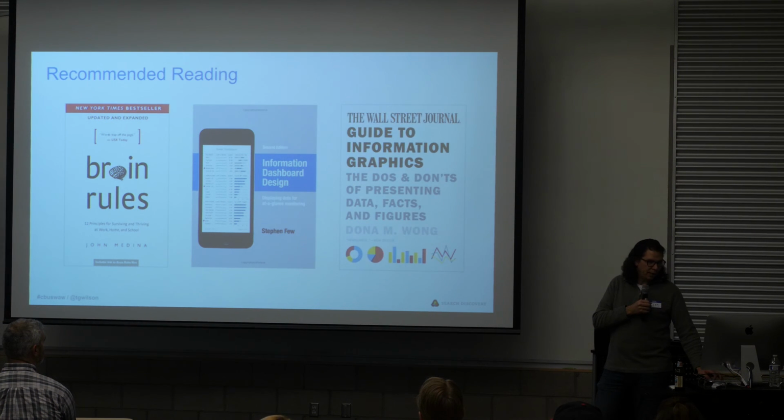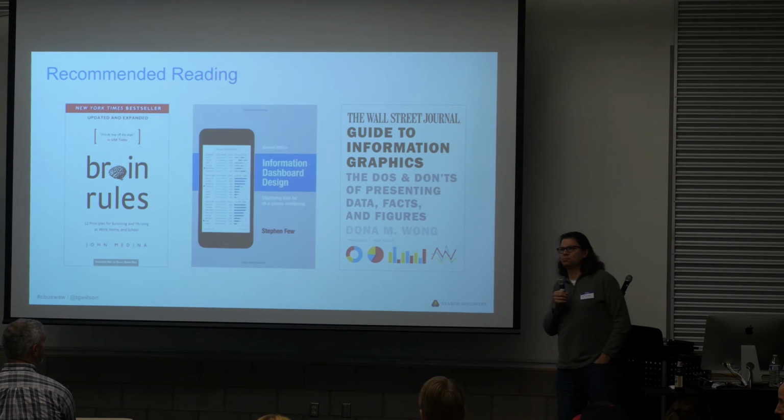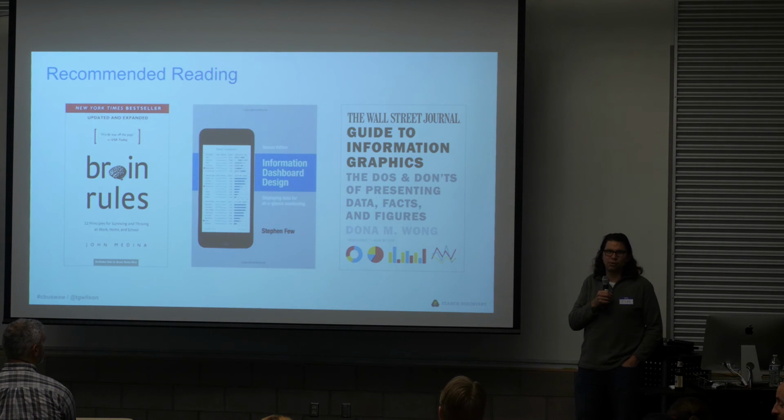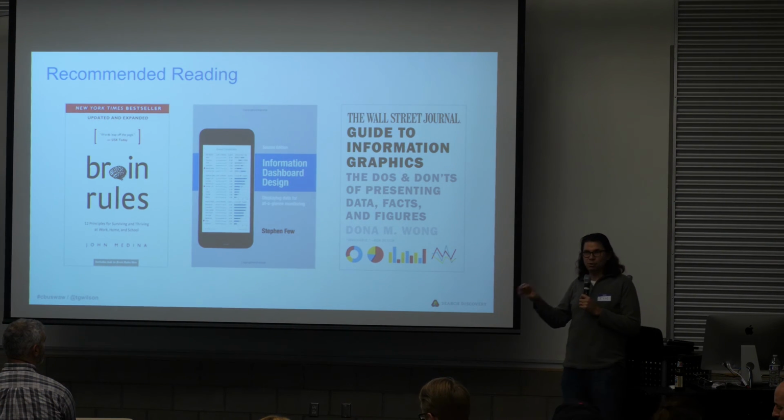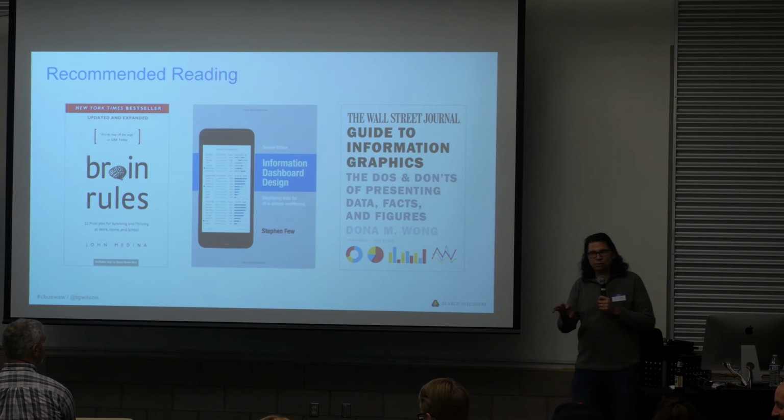And then another super tactical, I think the smallest book, was Donna Wong, who used to be the chief graphic person for the Wall Street Journal. Media like USA Today and the Wall Street Journal have often had to deal with black and white, communicate it clearly, communicate it simply, even if it's dense information. Hopefully communicate it responsibly.